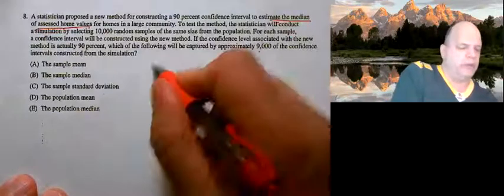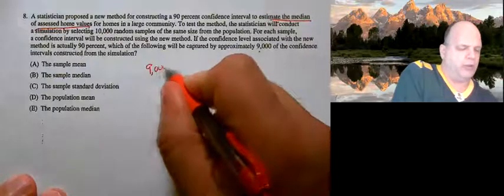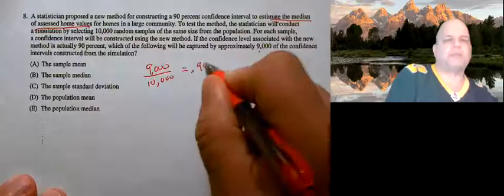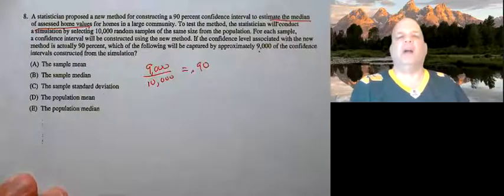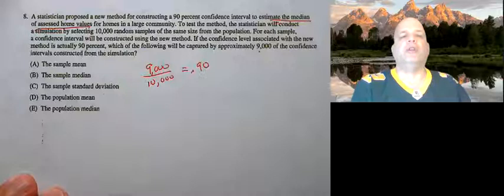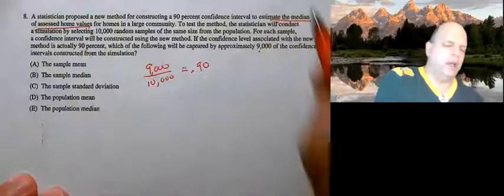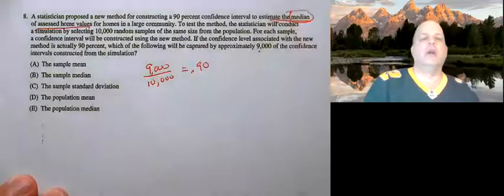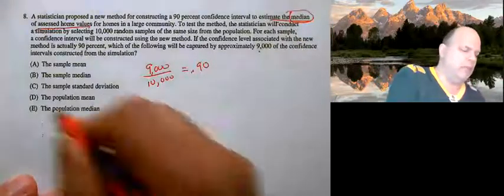This 9,000 is basically 9,000 over 10,000, which would be 90%. So 90% of the time, we're going to capture the true population, and be careful because they tricked you here. True population median.